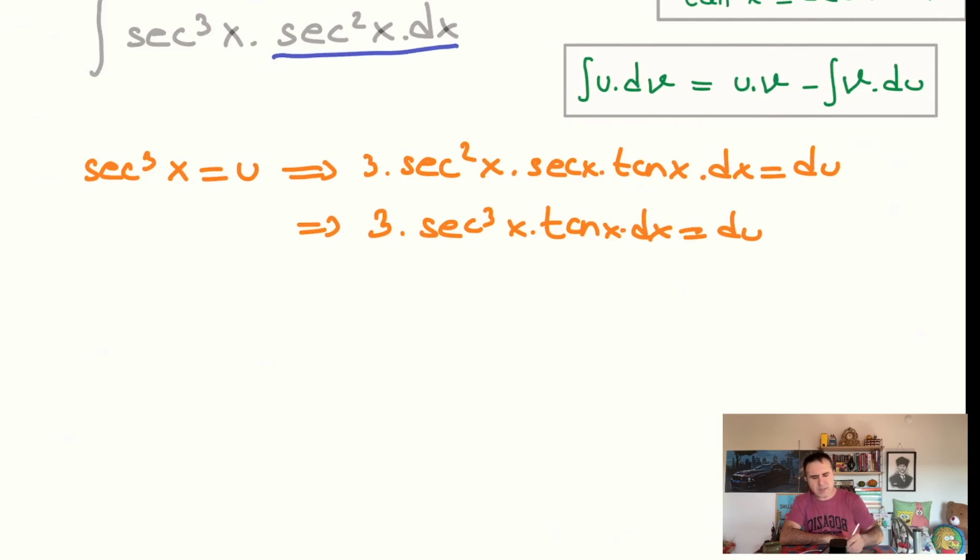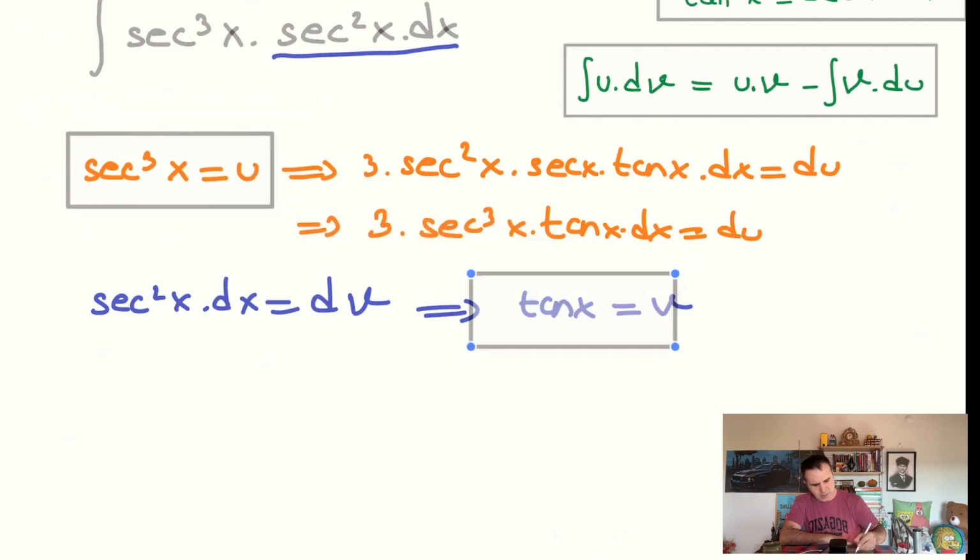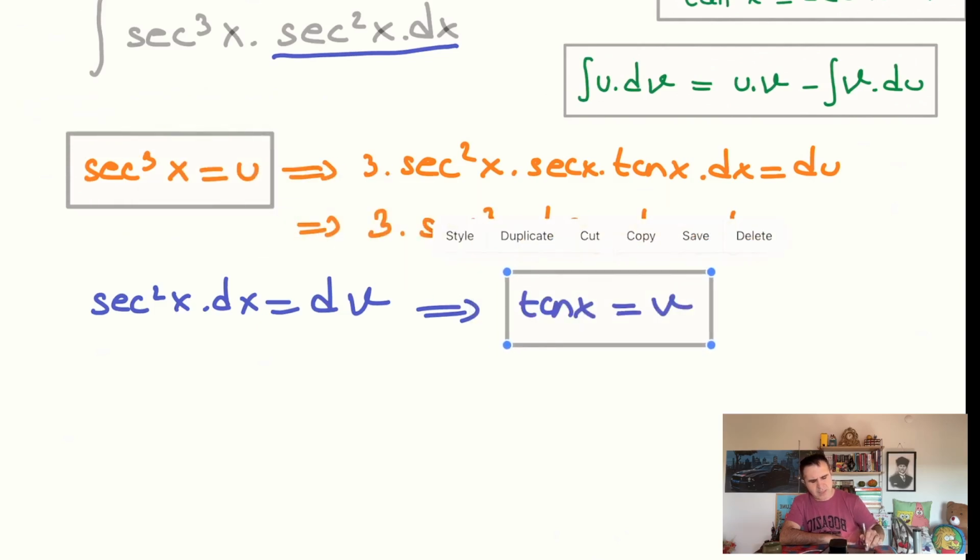And we have secant square of x dx. We say that secant square of x dx is equal to dv, and this means that since the derivative of tangent x is secant square of x, tangent x is equal to v here. Okay, this is u and this is v.